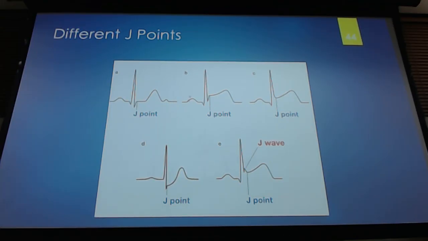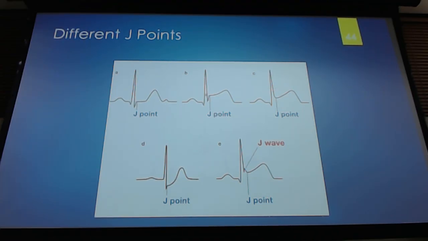What about this J point? What would we say about it? Elevated, right? Because our baseline is here and our J point is way up here, so that would be considered elevated. We have our P, Q, R, and this is still our S, but because our J point is elevated, it looks like our S is elevated as well. It's kind of pulling it up.